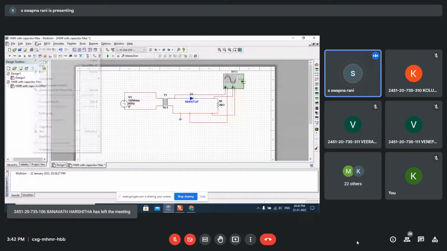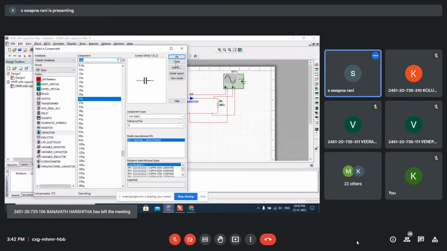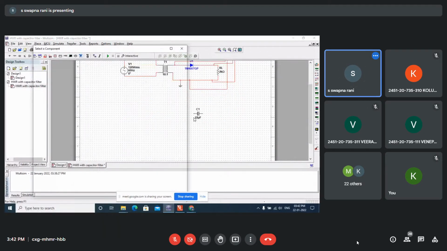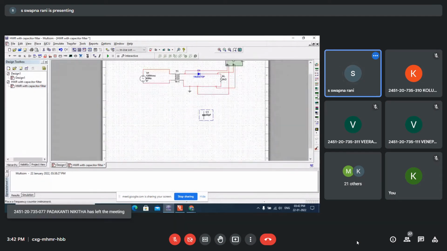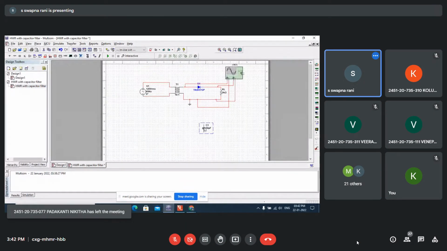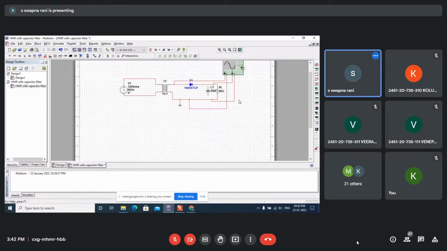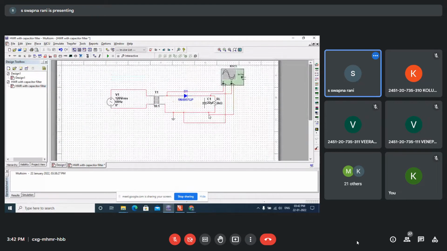So we will take component, okay, close, right click, rotate 90 degree one. So this one we will connect here. So after rectifier with capacitor.